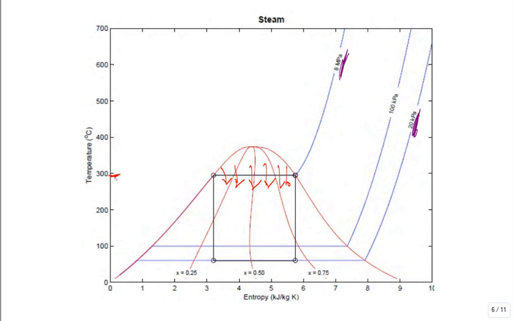Is all the heat brought in at that high temperature? Yes. Is all of the heat rejected at around 60 degrees C out of the condenser? It is. So it's isothermal on the heat addition and isothermal on the heat rejection. That has to be true for a Carnot cycle.